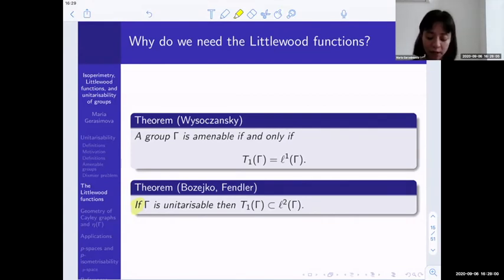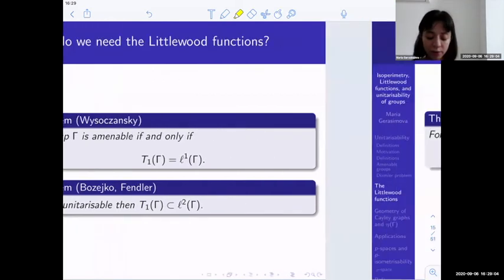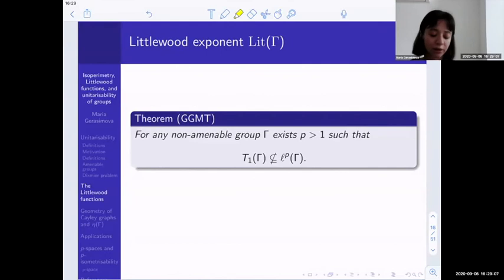What really prompted this research were the results due to me, Dominique Gruber, Nicolas Monod, and Andreas Thom, that for any non-amenable group you can find some p bigger than 1 so that T1 of gamma is not contained in Lp of gamma.